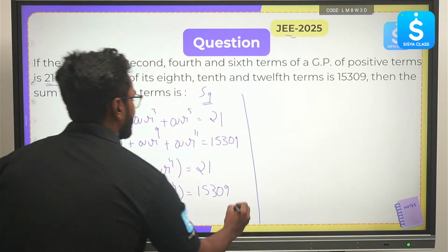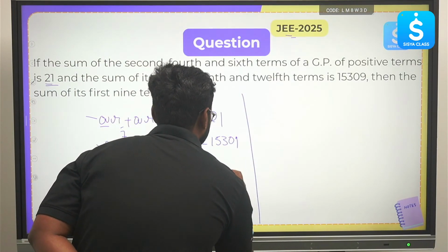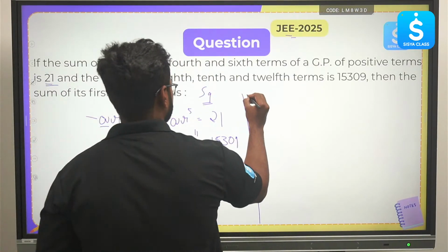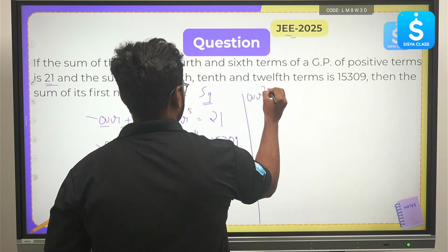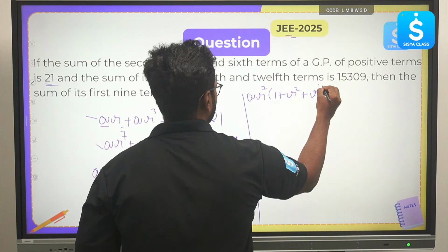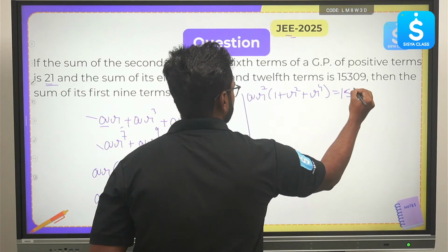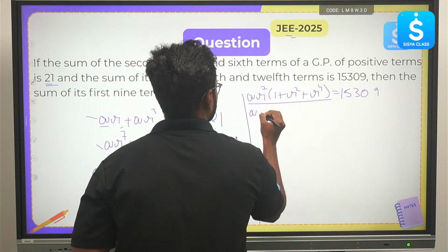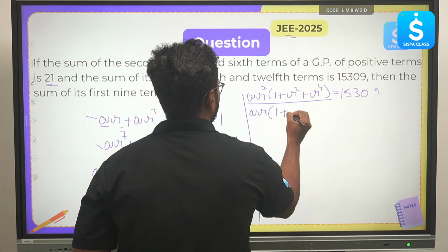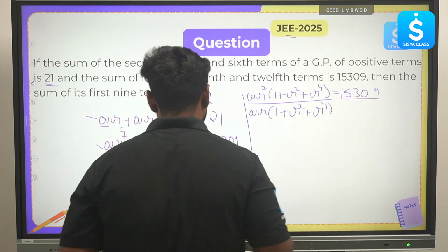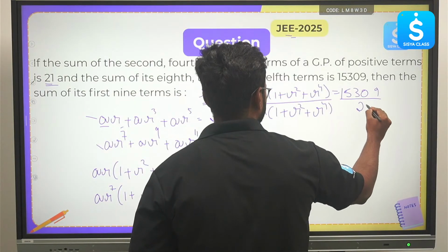So let us divide 2 by 1. We'll be getting AR power 7 into 1 plus R square plus R power 4 is equal to 15309. If we divide it by AR into 1 plus R square plus R power 4 by 21.